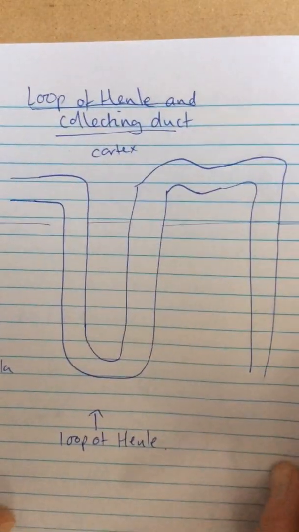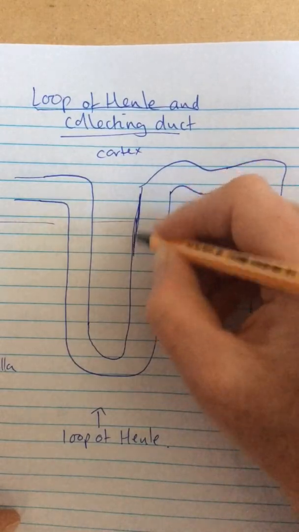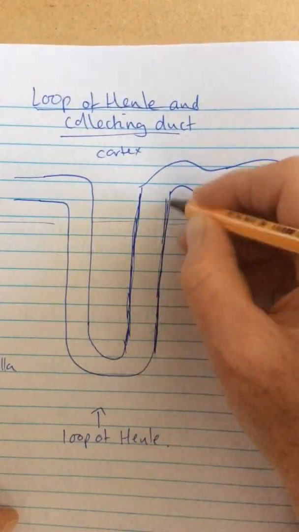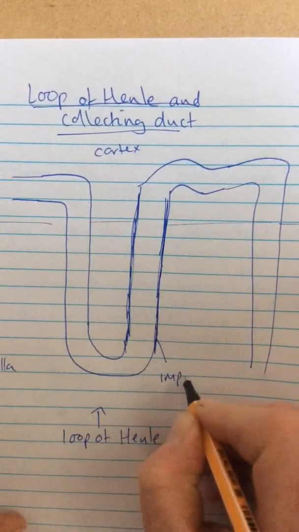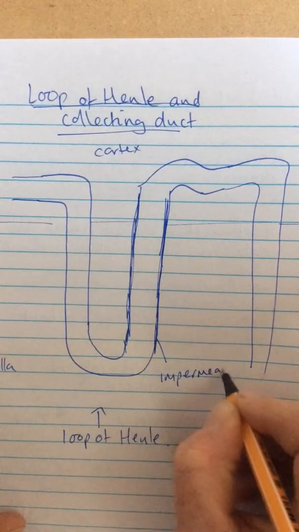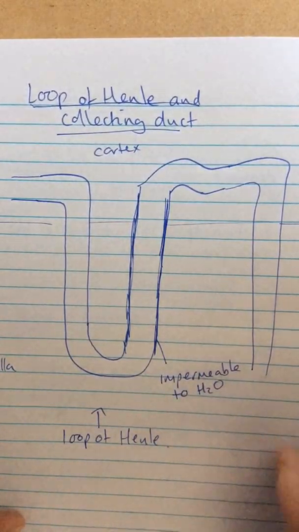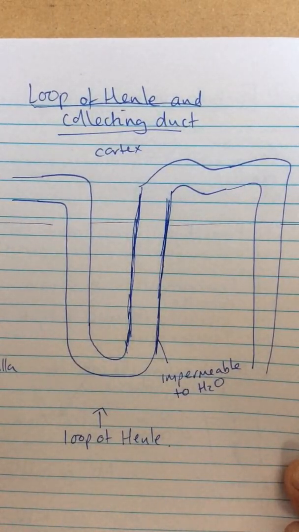Important things about the loop of Henle are that the ascending limb, so the limb that's going up, has very thick walls which are impermeable to water. So the ascending limb does not allow any water through, and that's really, really important to remember.